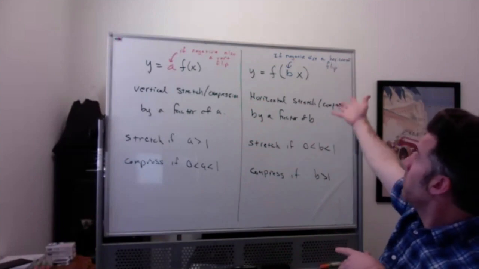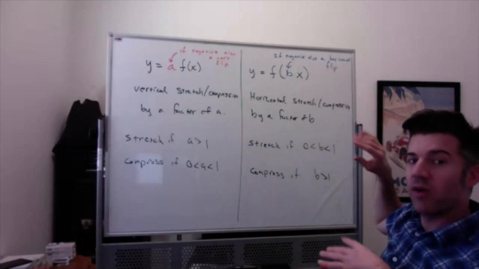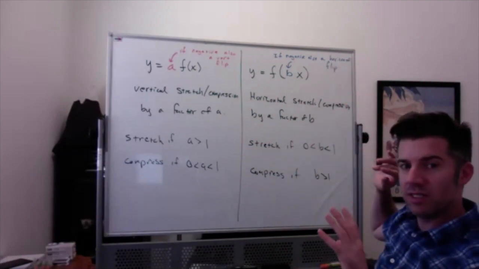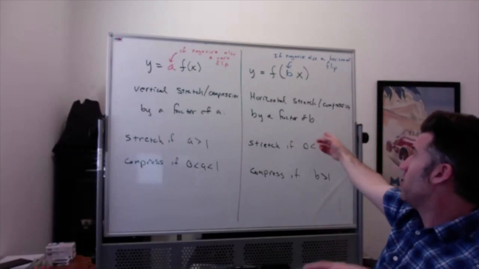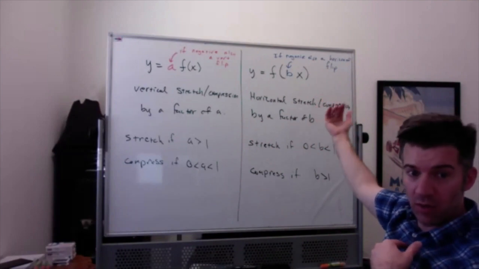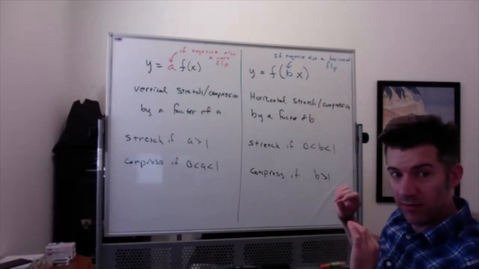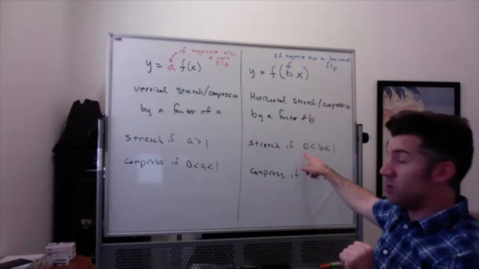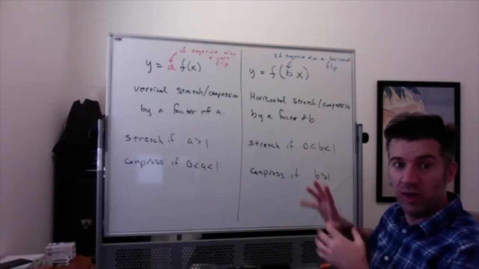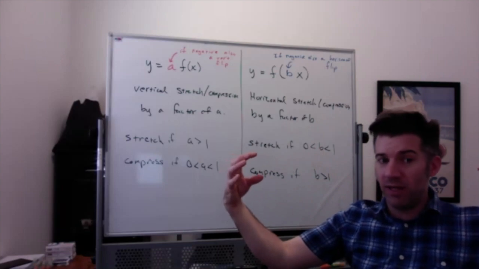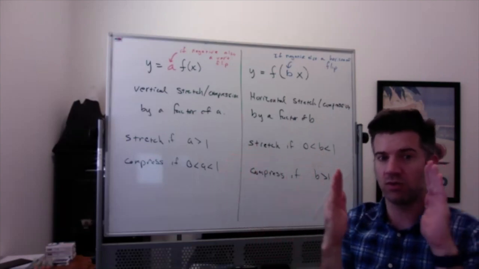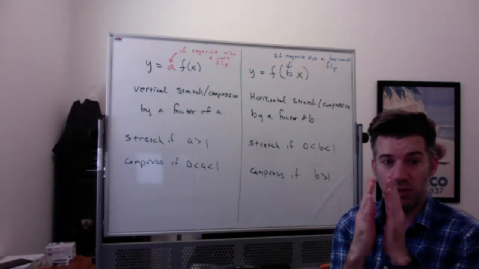On the other side, this is where the horizontal things are slightly counterintuitive. If you multiply by a number b on the inside, you're going to affect it horizontally. But here's the thing. If you multiply by a number that's between 0 and 1, that's what's going to stretch out the function horizontally. Whereas if you multiply by a number that's larger than 1, you're going to squash it, or compress it, horizontally.